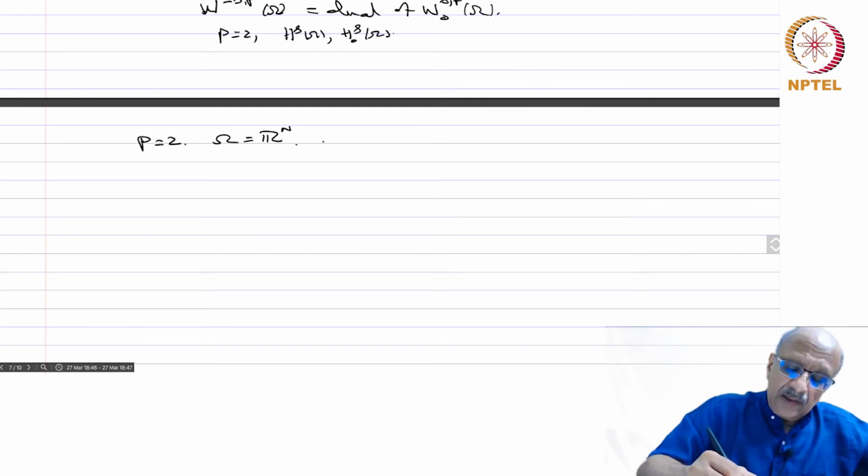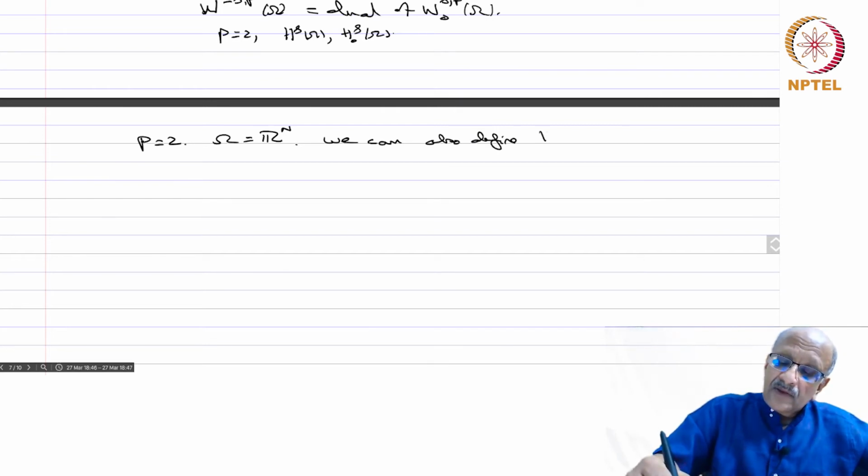we can also define H^s(R^n) via the Fourier transform.